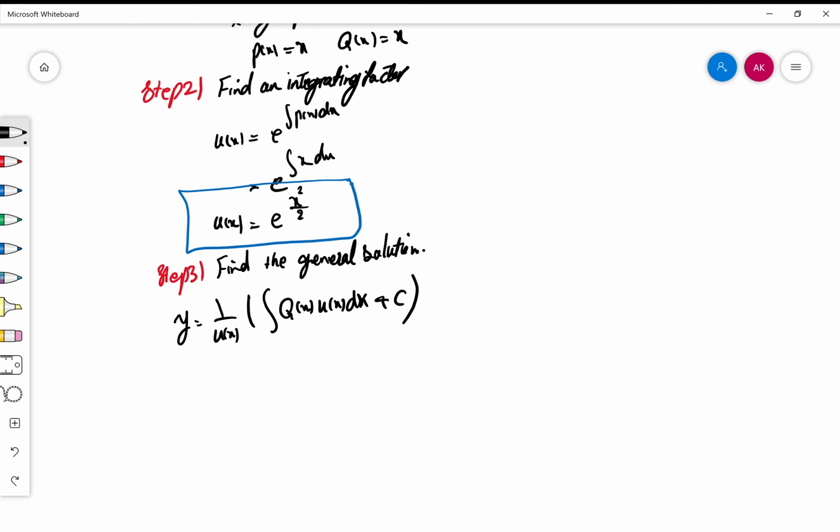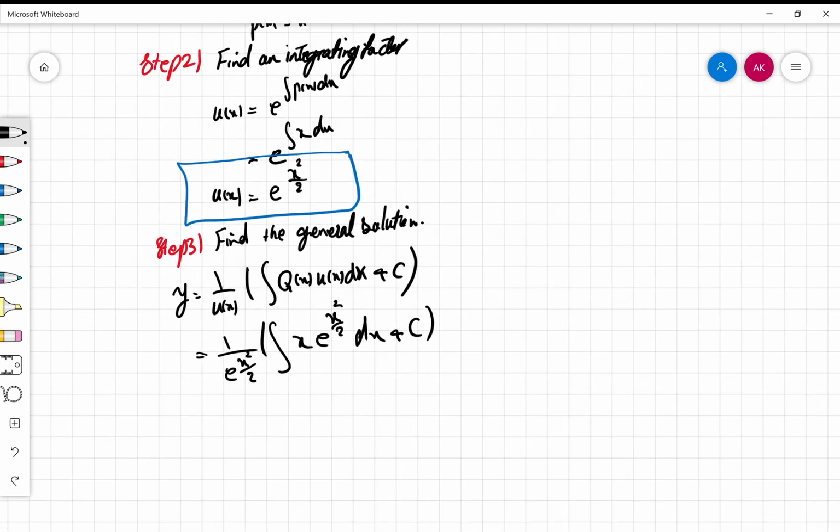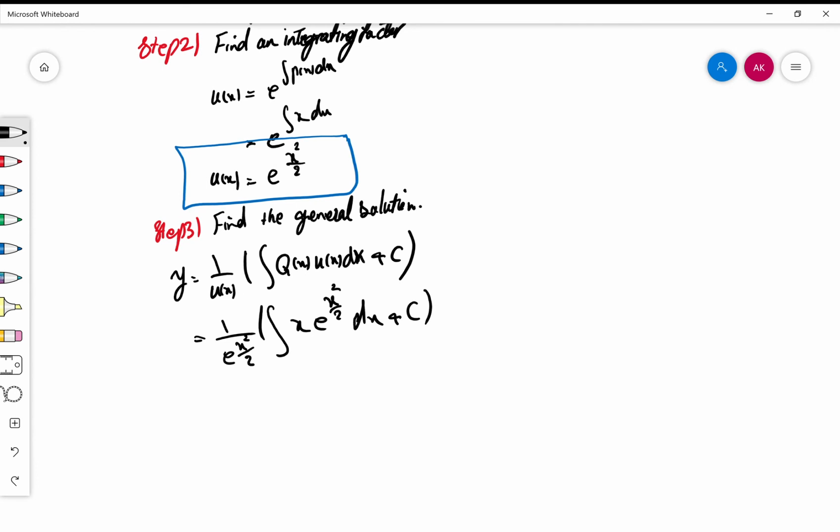Here u(x) is e to the power x squared over 2. Then q(x) is x, and e to the power x squared over 2 is also there, then dx plus c. This c is the same c that we put at the end of the antiderivative. So while I find this integral, I won't put another extra c. This is the exact same thing.